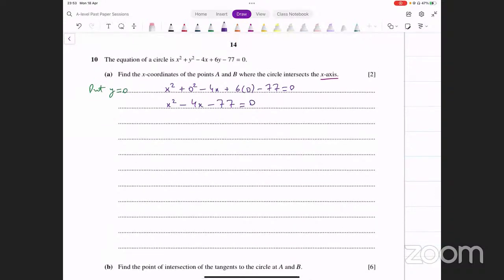What can the factors of 77 be? 7 and 11. Yeah, so that's going to work. X square minus 11x plus 7x minus 77 equals 0. You can have the factorization now. X into x minus 11 plus 7 into x minus 11. We get two factors, x plus 7 into x minus 11 equals 0. X equals minus 7 or x equals 11.